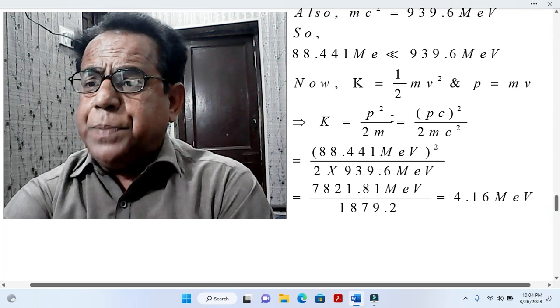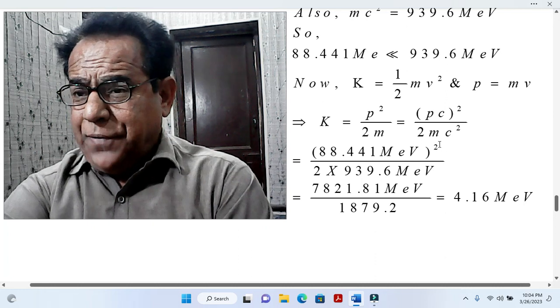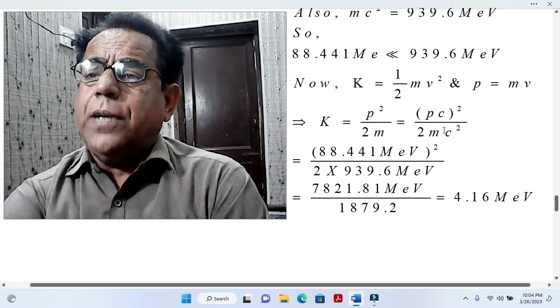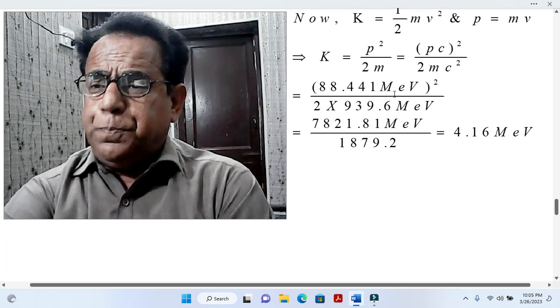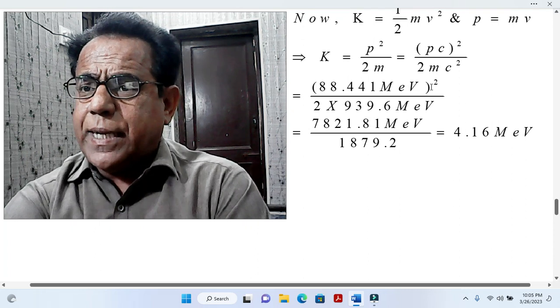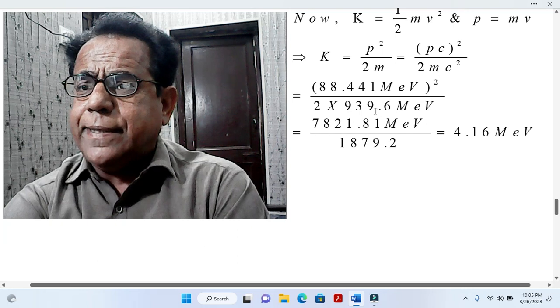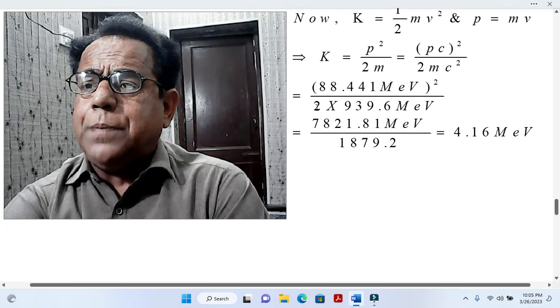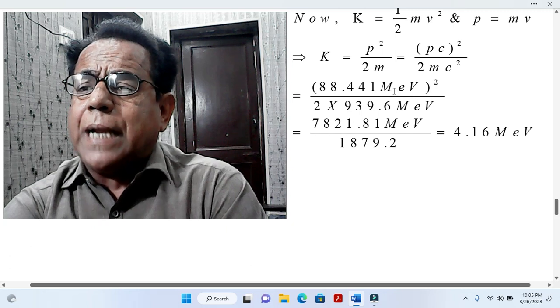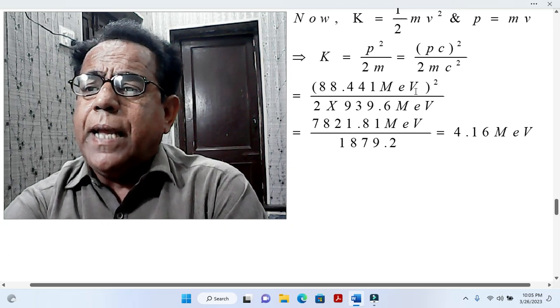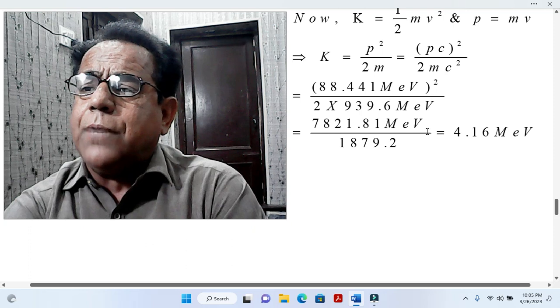Now the value of pc is given and the value of mc square is also given, and hence we put these two values. The value of pc is this whole square and the value of mc square is this, multiplied by 2, and hence one MeV will be cancelled from this square, and only 1 million electron volt will be left.